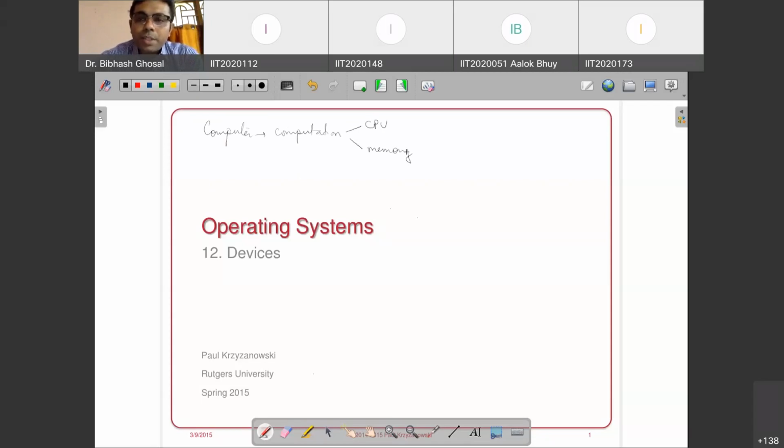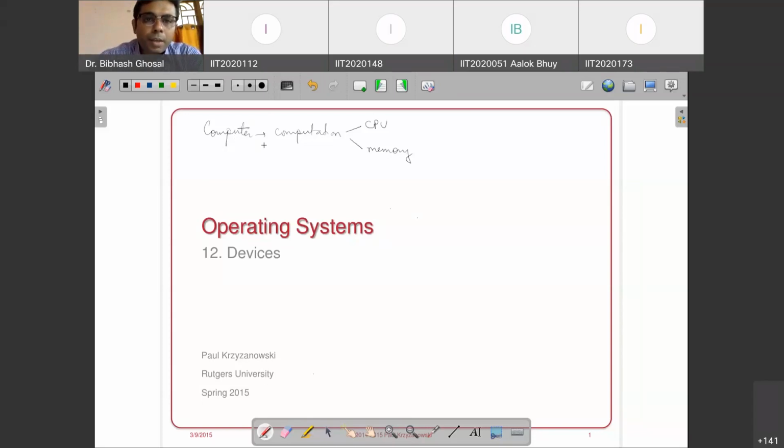So these are the two components that are usually used for performing any computation. The data is stored in the memory and they are accessed by the CPU and processed accordingly. Well, this is the first job or the primary job of the computer.